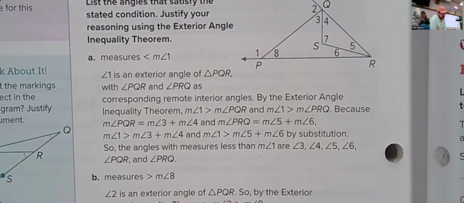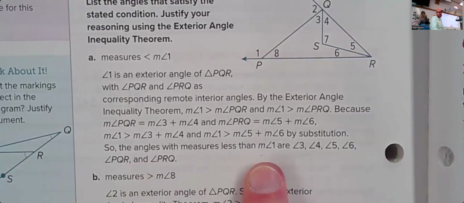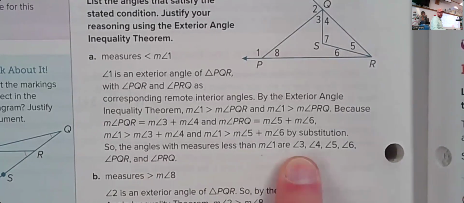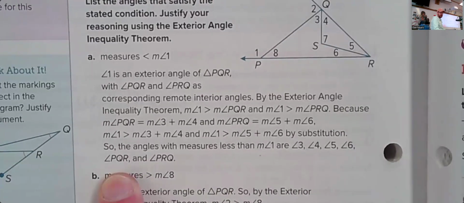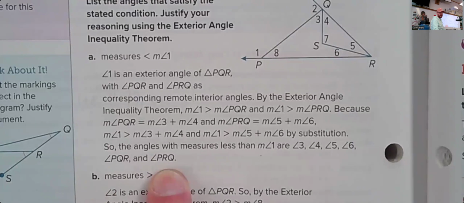So, because it's bigger than the sum of those, it also has to be bigger than those individual angles as well, right? If it's bigger than the sum of 3 and 4, then it also has to be bigger than 3 and bigger than 4, separately. So it's saying at the end here, the angles with measures that are less than angle 1 are angles 3, 4, 5, 6, and the sum of 3 and 4, PQR, and the sum of 5 and 6, PRQ. Does that make sense?